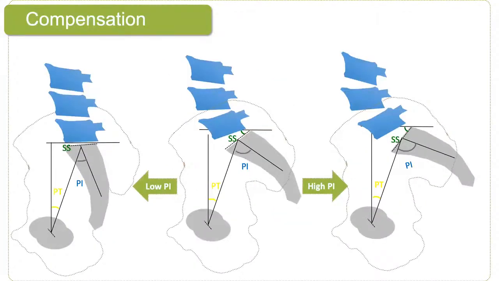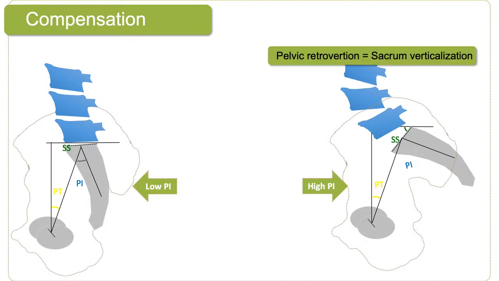And what about the compensation mechanisms? Are there any differences depending on the grade of the PI? Yes. Let's look at the pelvic morphologies to better understand. The pelvic tilt and sacral slope are positional parameters and change by the movement of the pelvis around the femoral heads.